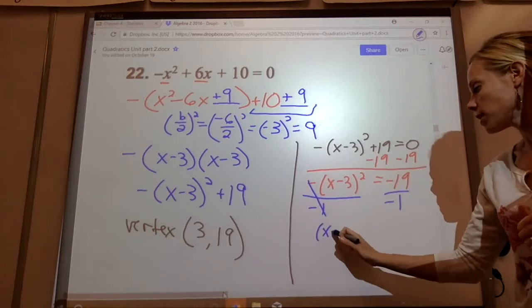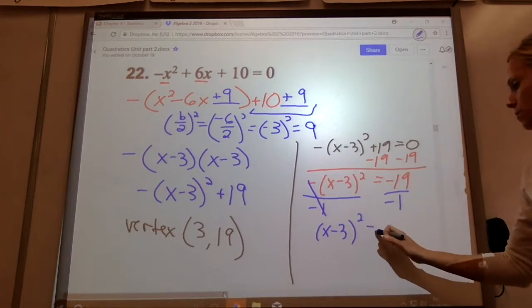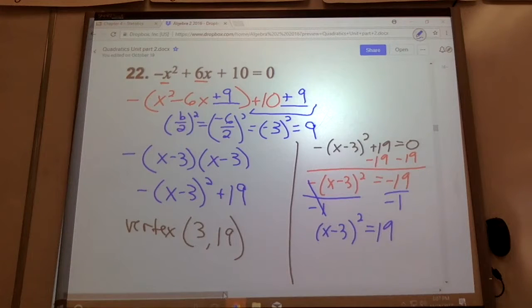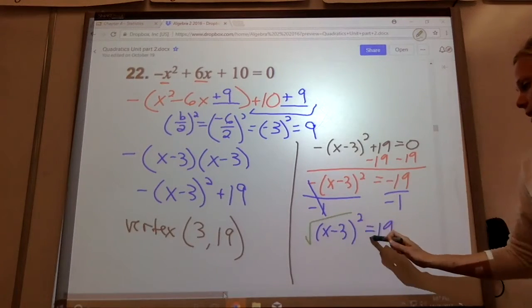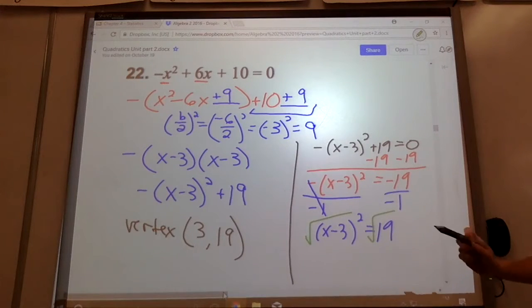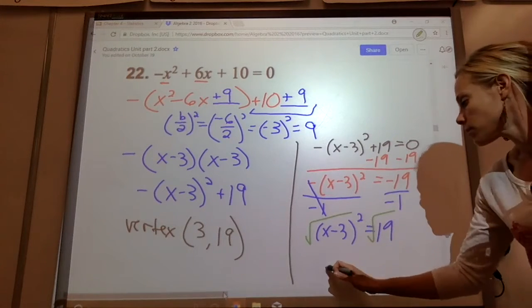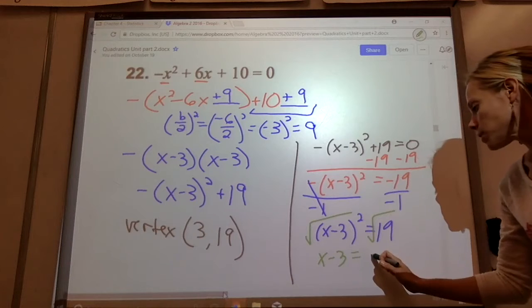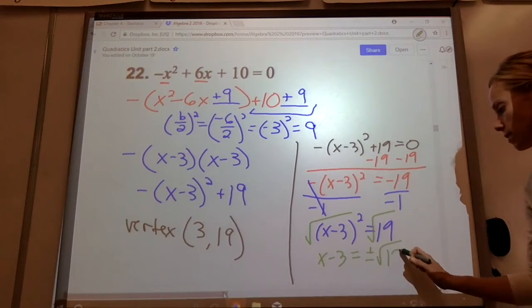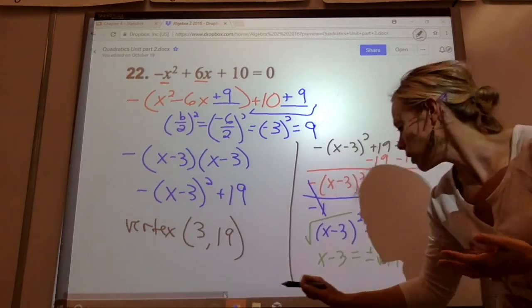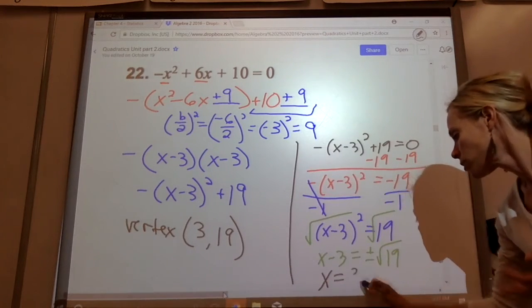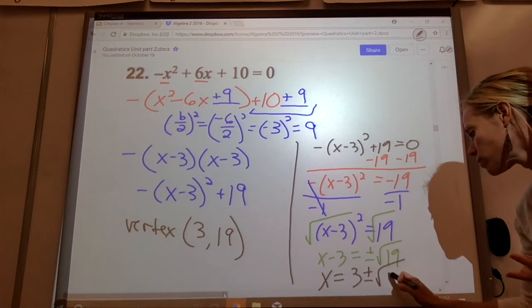So then (x minus 3) squared equals a positive 19. Then I can square root both sides, which 19 is prime. That's not going to break down. So x minus 3 equals plus or minus square root 19. And then my last step would be to add the 3. So my roots are x equals 3 plus or minus square root 19.